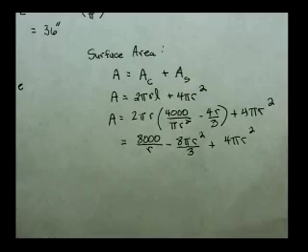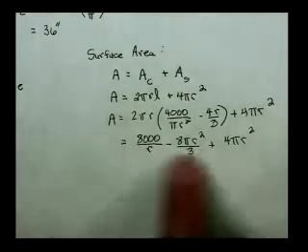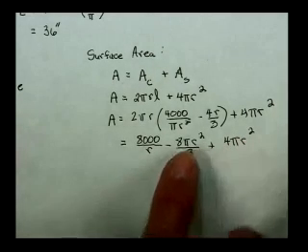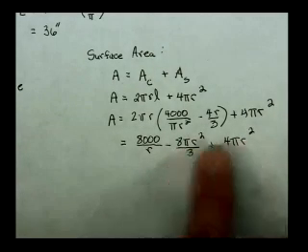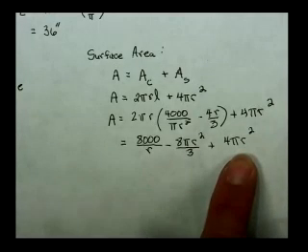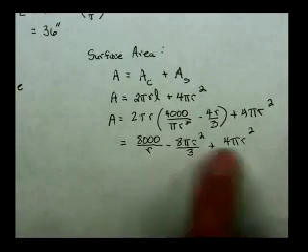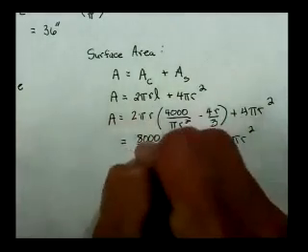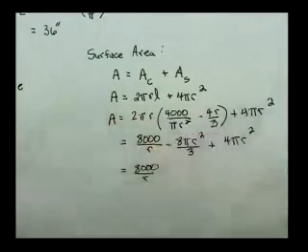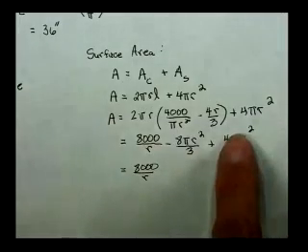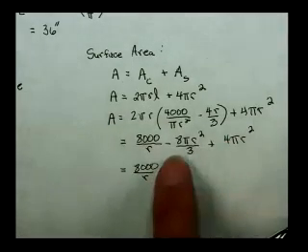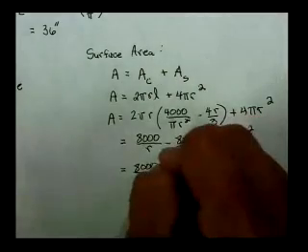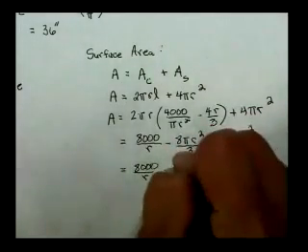Now there is one other thing I happen to notice I can do to clean this up. I have like terms. I have negative 8/3 pi r squared and 4 pi r squared. This is just a little bit easier if I combine like terms. 8,000 over r, and 4 is 12/3, so that's negative 8/3 plus 12/3, which is positive 4/3 pi r squared.